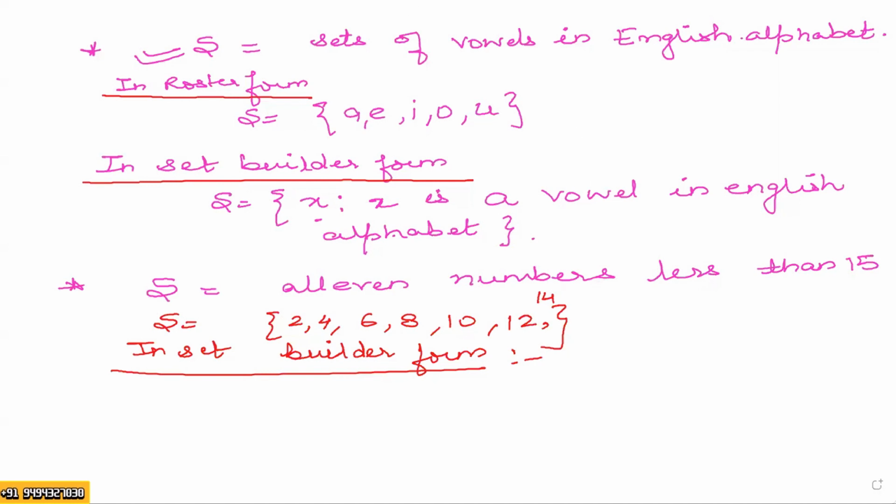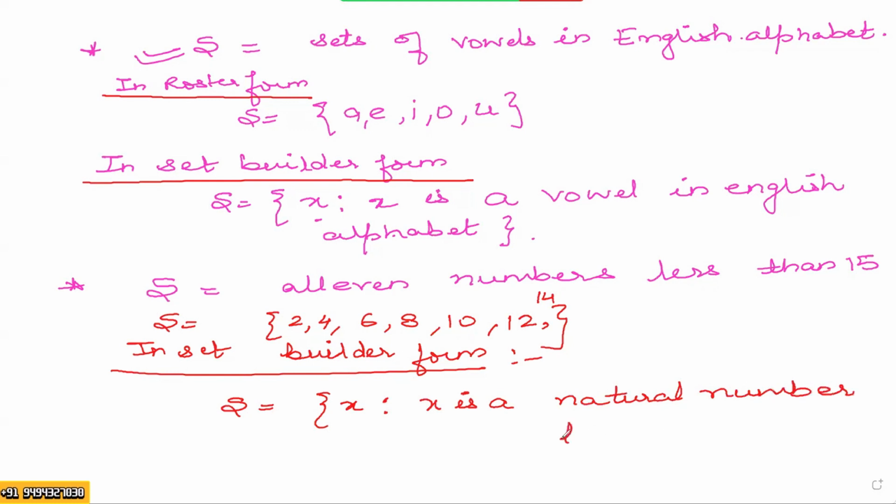Very good. So you can represent this in set builder form like this: S is equal to x such that x is an even natural number less than 15.